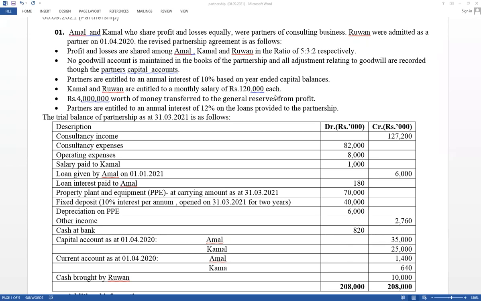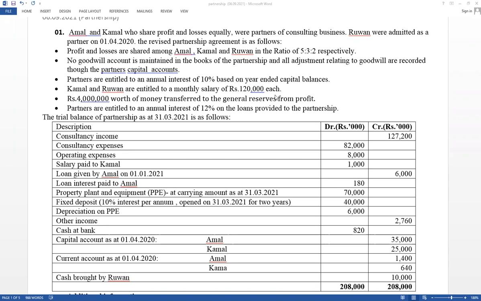Sometimes it is given incomplete with partnerships. Sometimes a trial balance is given with partnerships. If a trial balance is given, those are not incomplete. But I have discussed based on financial position how to prepare financial statements of the partnerships. Today I am going to discuss service business partnerships.